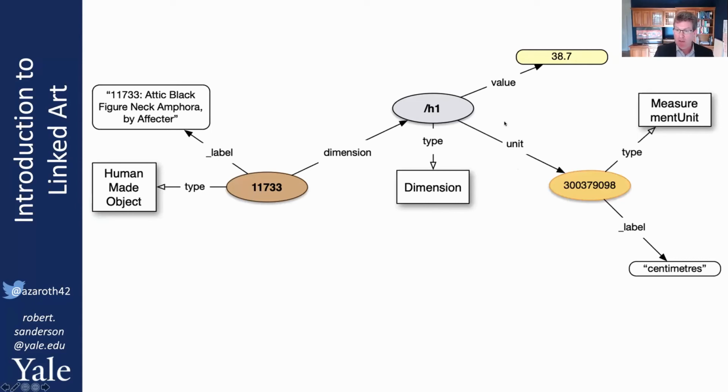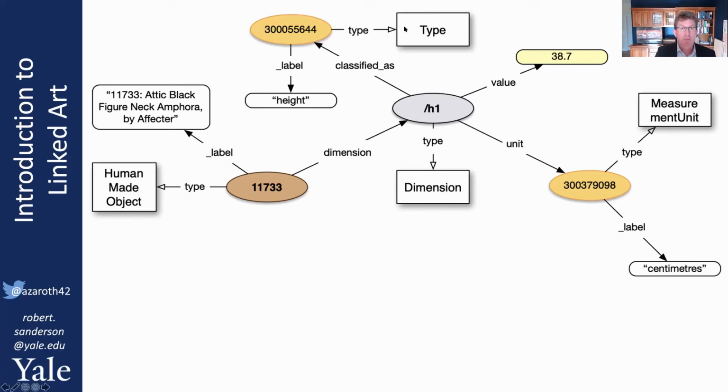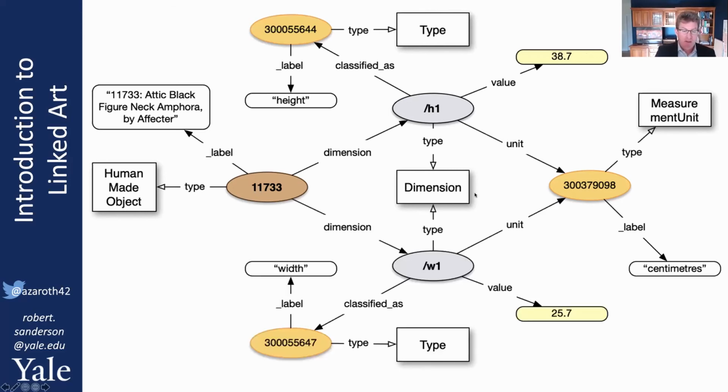So we use AAT, which has the notion of centimeters for the unit. So now we know it's 38.7 centimeters. And again, we go back to these types to say it is 38.7 centimeters high. We can, of course, do exactly the same thing for width, duration, any other dimension that we want.